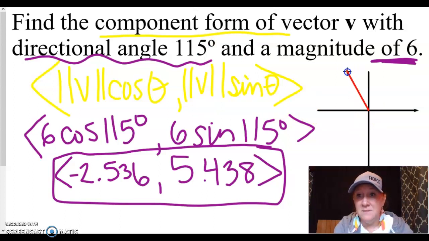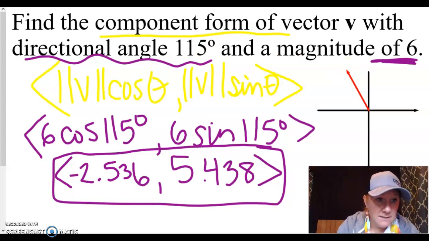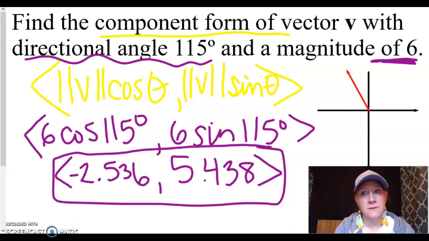So this looks something like that. And it tells me where it is going, so that gives me a direction of 115 degrees and magnitude 6, so this tells me exactly where the ending point is. All right, let's put all of the things together.